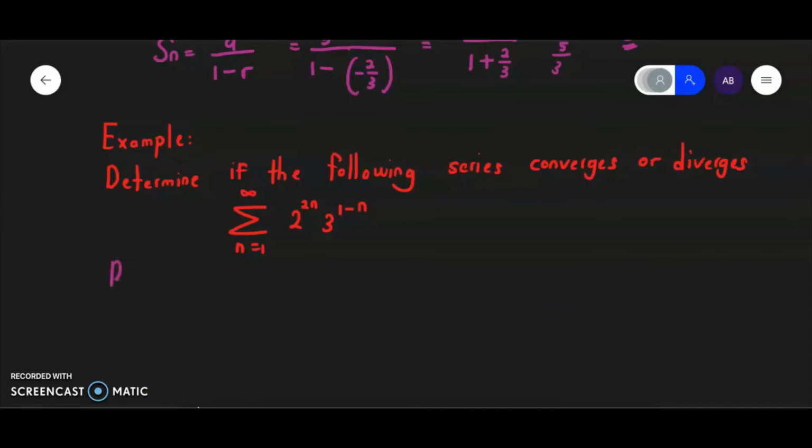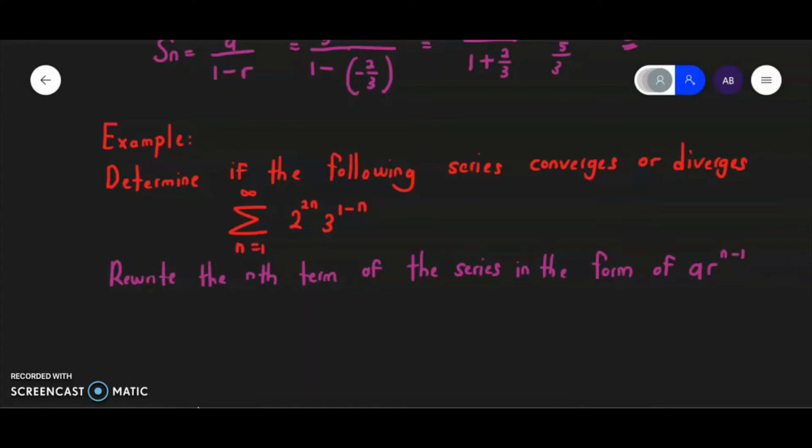the nth term of the series in the form of a times r to the n minus 1. Okay, now if I can write that, then I know this is a geometric series.